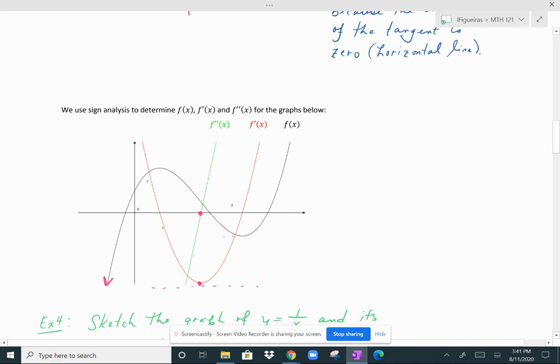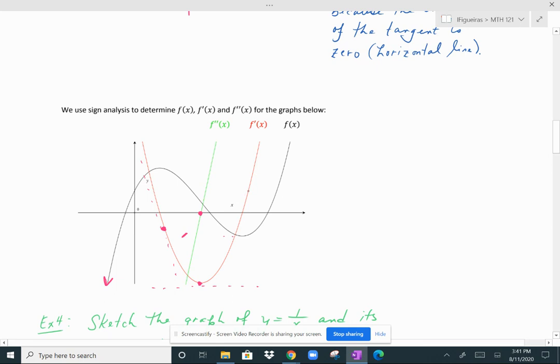A tangent line to the left of that horizontal line here, this would be negative, and notice that similarly, all of the y values to the left of this parabola are also negative. These all have negative values.